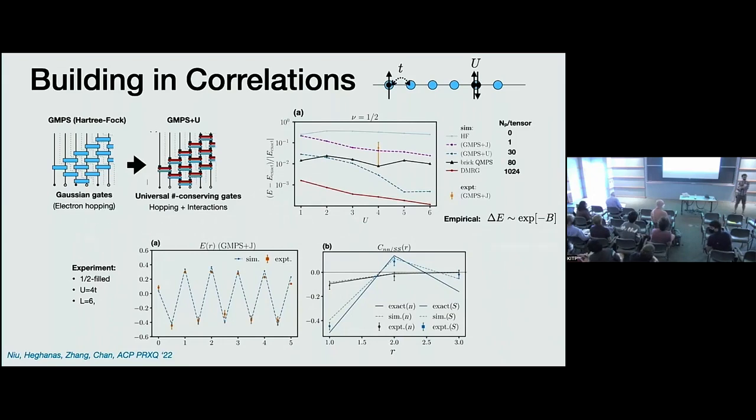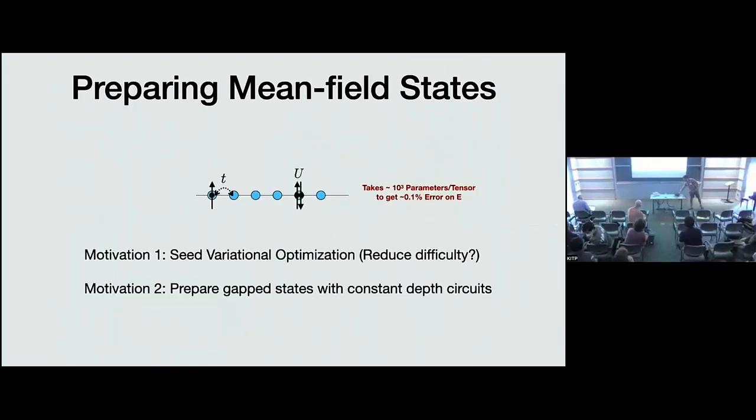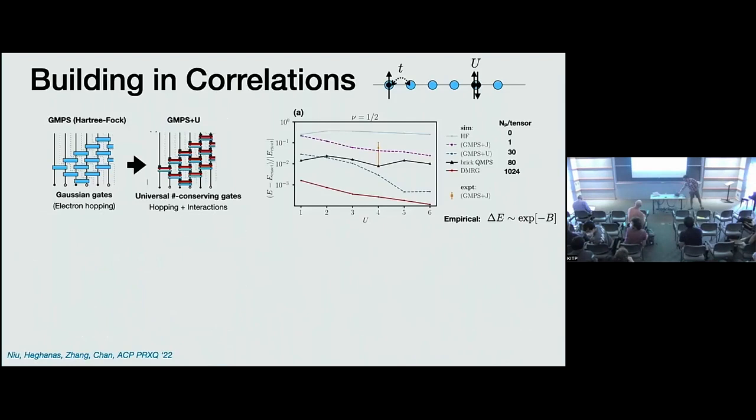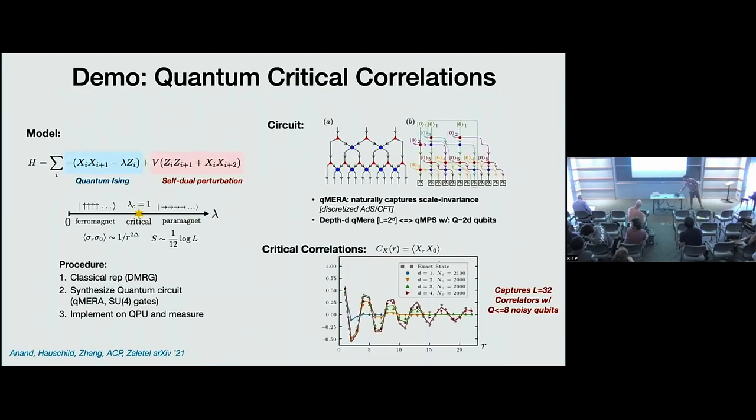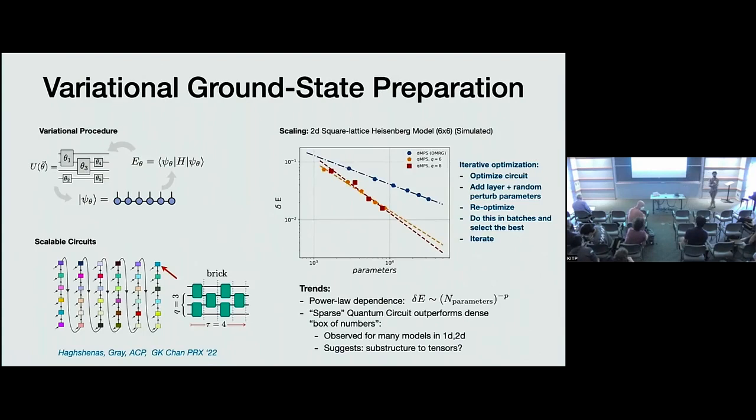Sorry, this is probably a basic question. Can you go back to the plot showing the energy as a function of the number of parameters? My question is, you're basically doing the same thing, I'm guessing it's just the MPS in two different forms, right? How can I understand that?